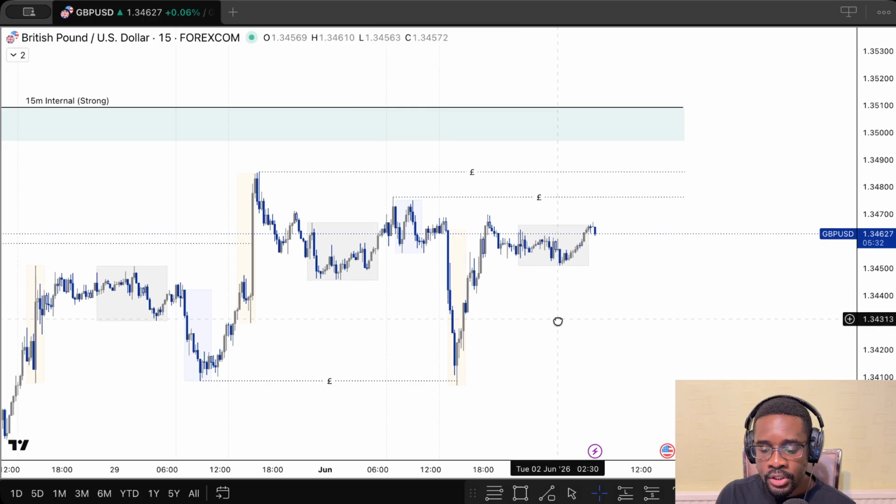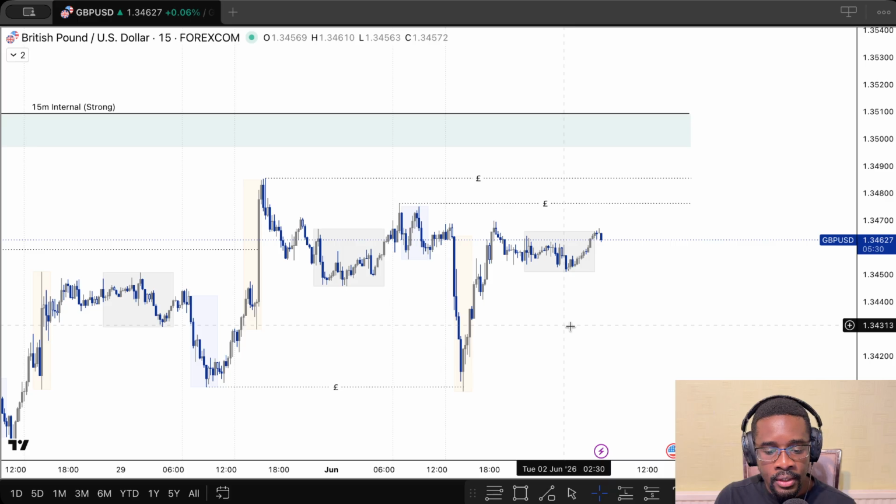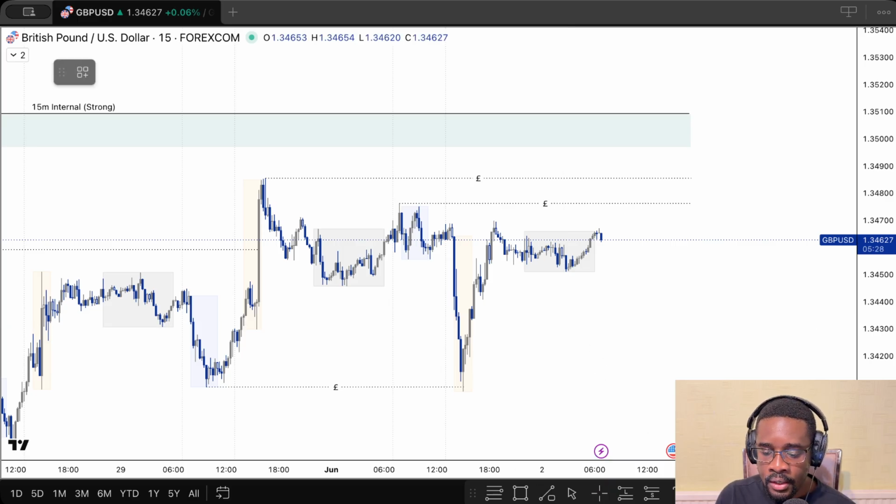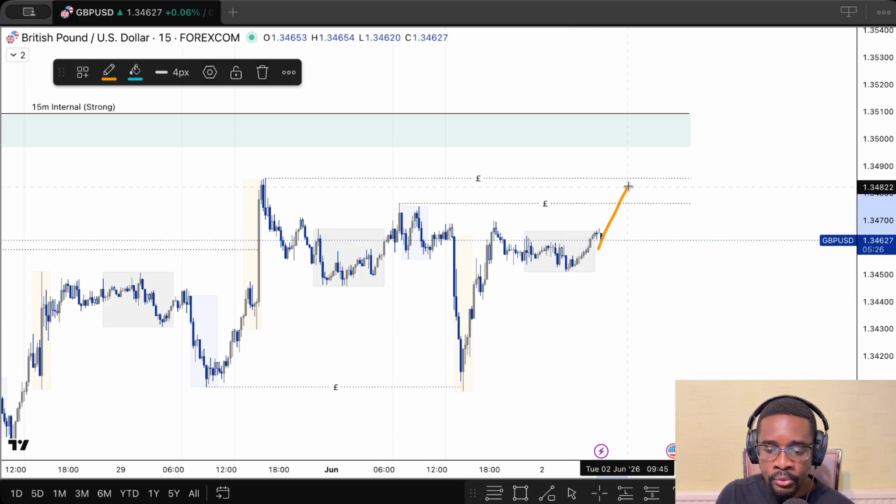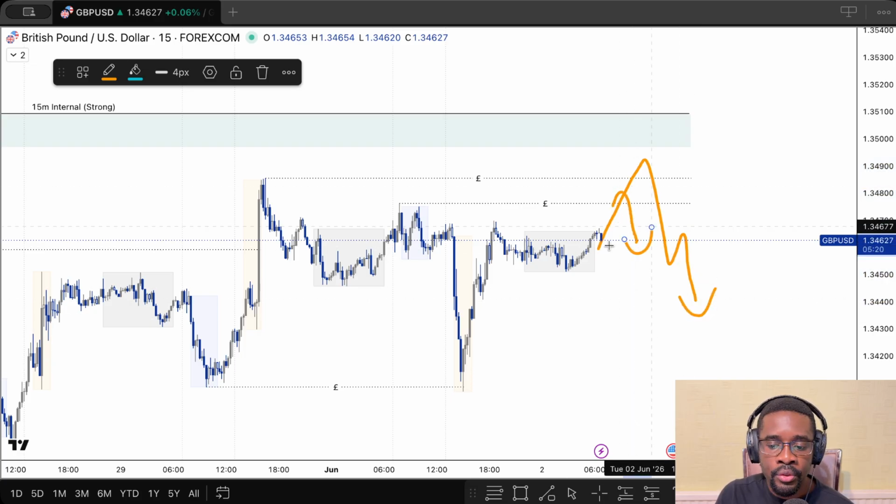So that's pretty much it. Those are my trade ideas for today. Well and truly, I'm looking for price to sweep any of these areas. It could be just this one or both, and look for quick reactions to the downside.